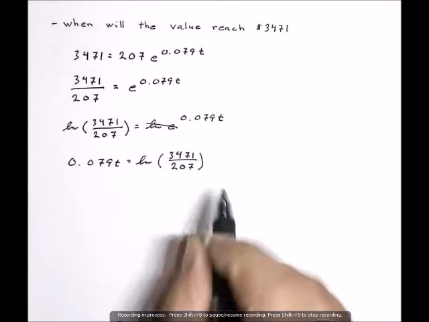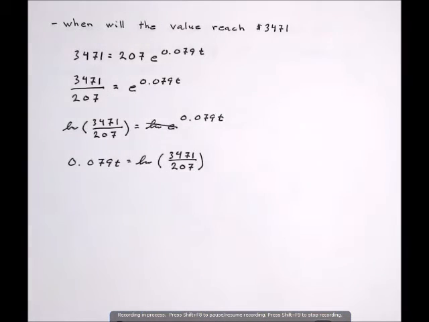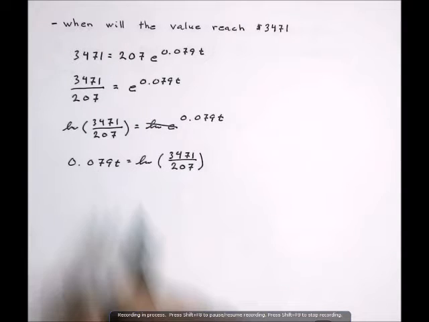And again, I'm switching sides simply because I like my variables off on the left, but it'll work if you leave them off on the right. Now I just divide by the coefficient.